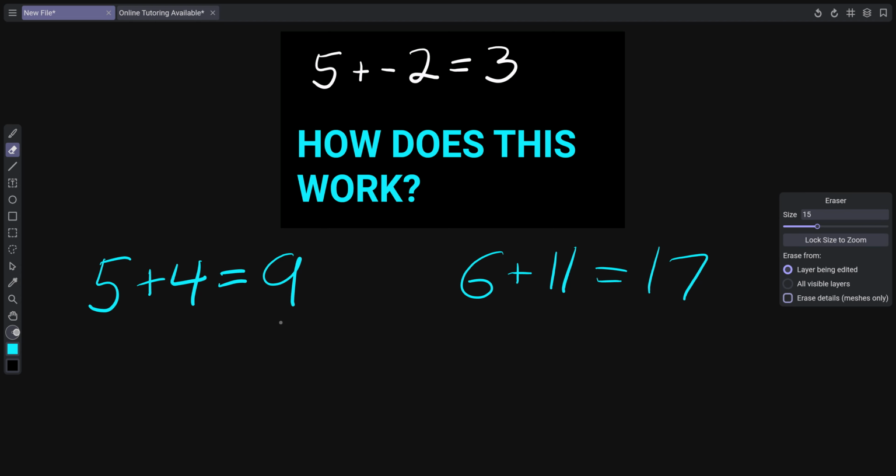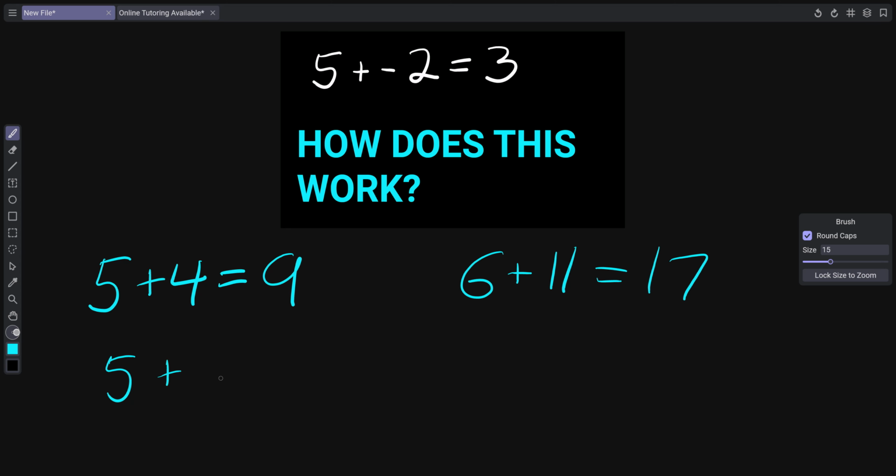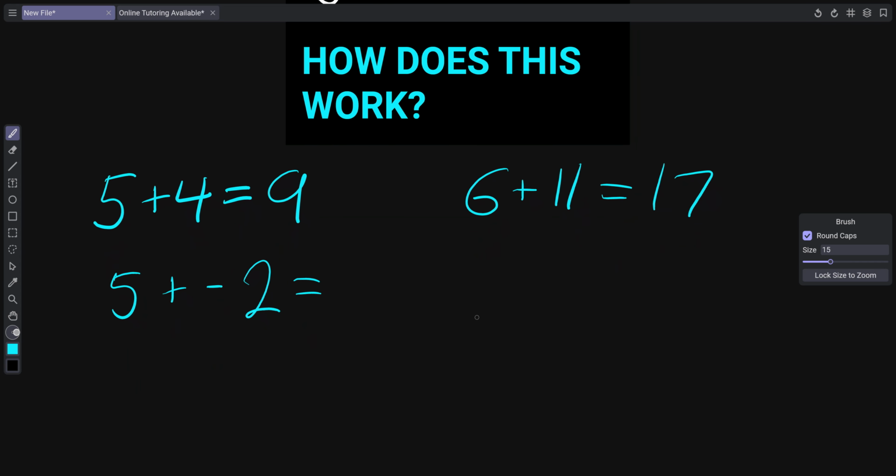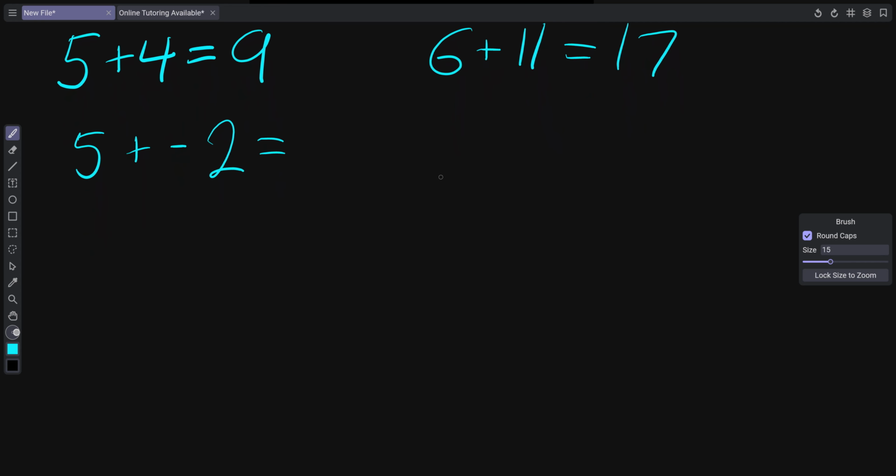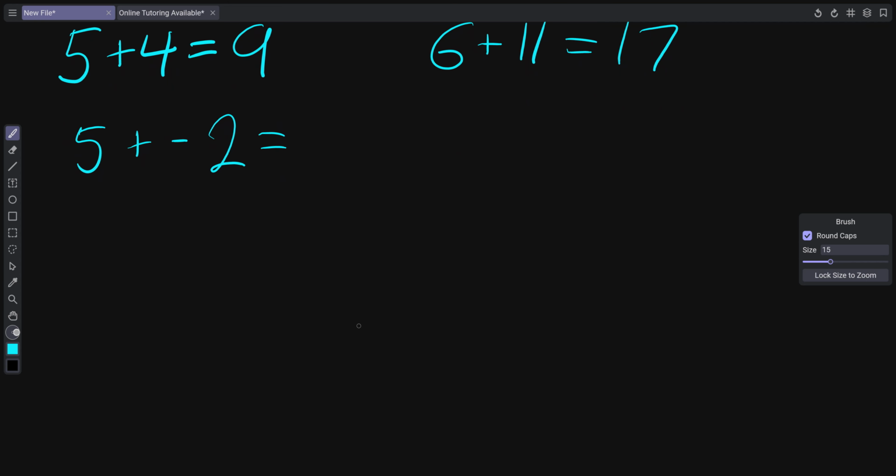But in the instance of 5 plus negative 2, what we actually are doing is adding a negative number. So try to imagine a number line here, right? And we have 5 up here. And normally if we were adding a positive number, we would go up. But because we're adding a negative number like this, it basically acts like subtraction.